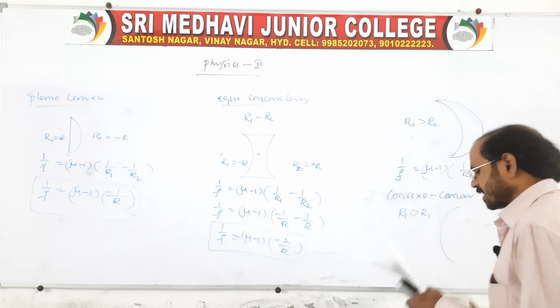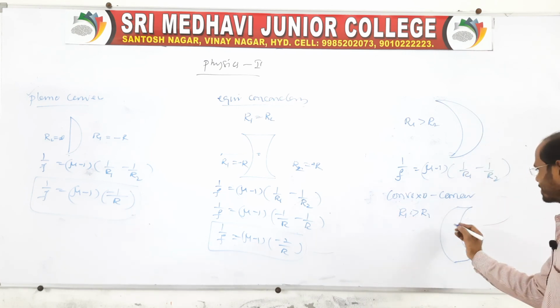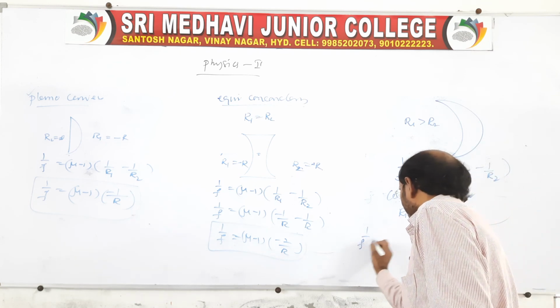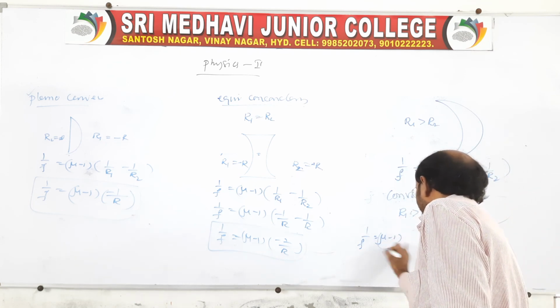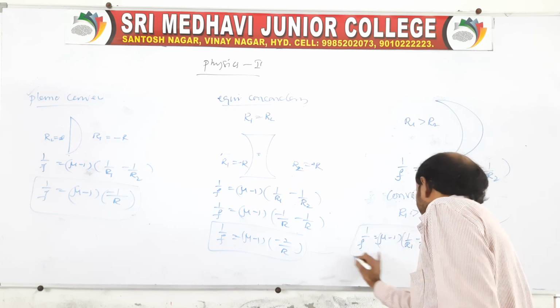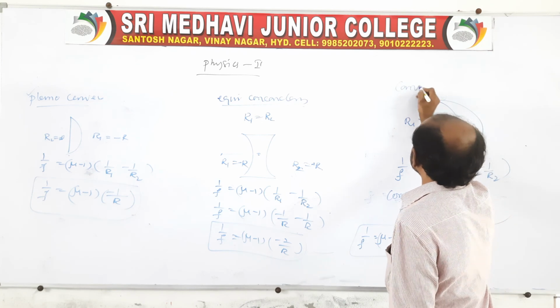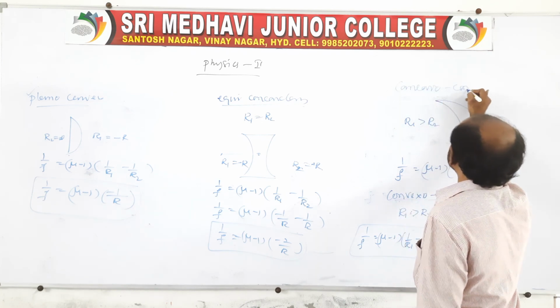This will be represented like this. In the previous class I gave it like this. It is also the same formula, 1 by f is equal to mu minus 1 into 1 by R1 minus 1 by R2. This is for convexo concave, and that was for concavo convex.